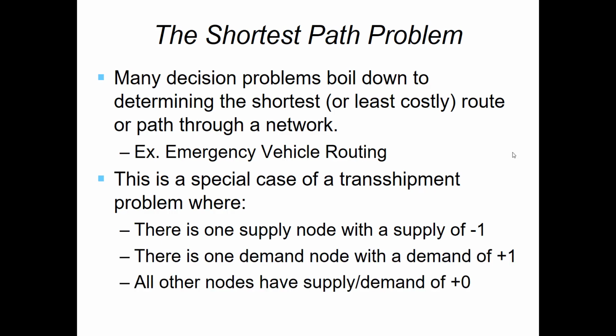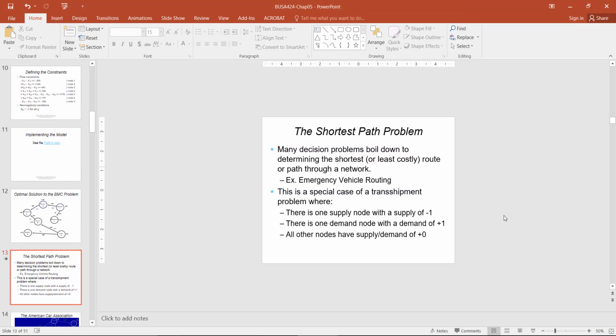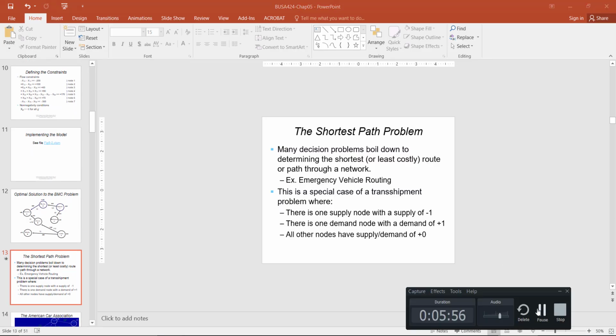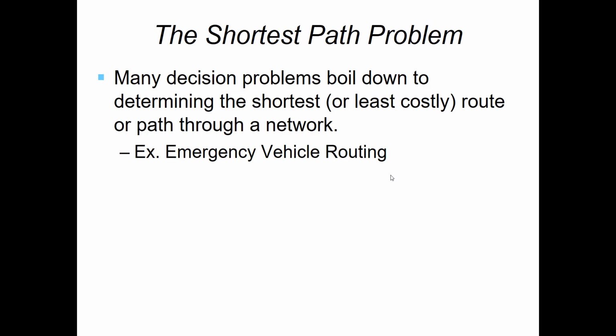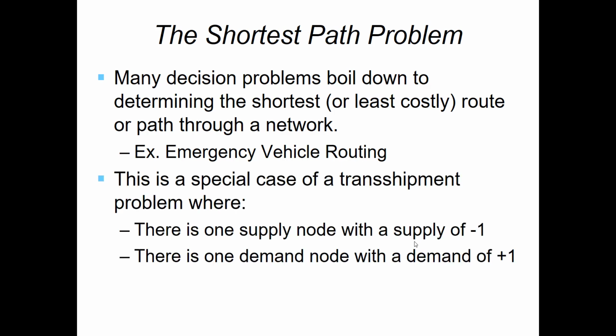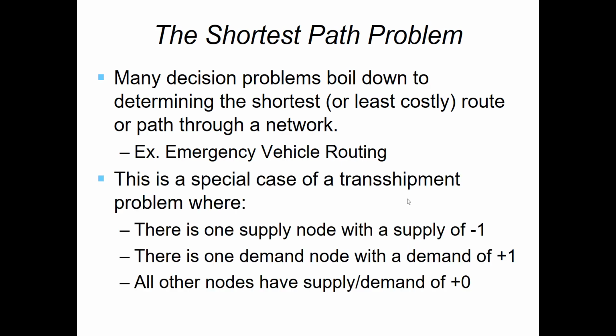This problem is a special case of the transshipment problem that we already solved in the previous problem. In this case, we have just one supply and one demand node.